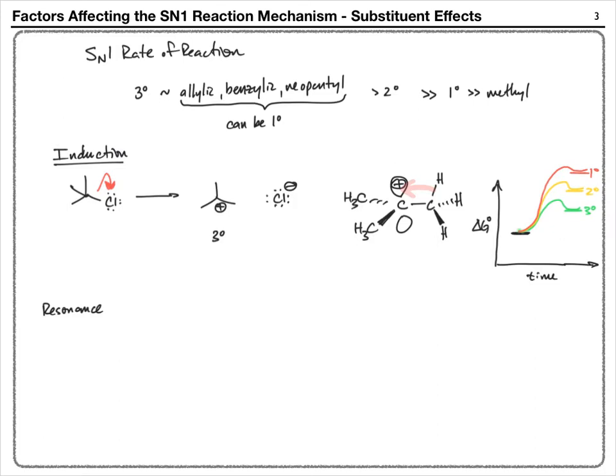So what about resonance? How can we explain that in relation to allylic and benzylic? So if these were primary, why would these be really stable? Let's consider the allylic cation.